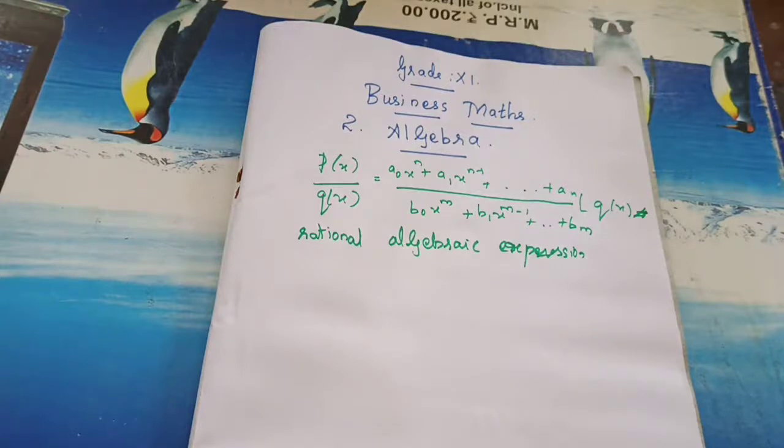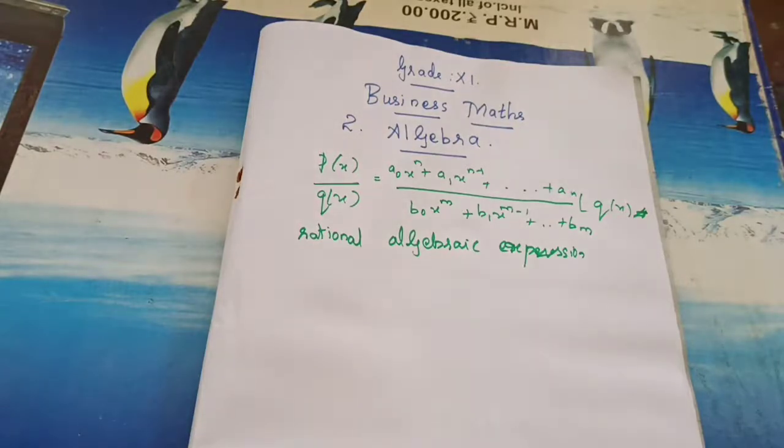Understand? In this we are going to learn proper and improper rational expressions. What's the meaning of proper rational? Already you know, is it right? Proper fraction means the numerator value is less than the denominator value, then we say it's a proper rational expression.